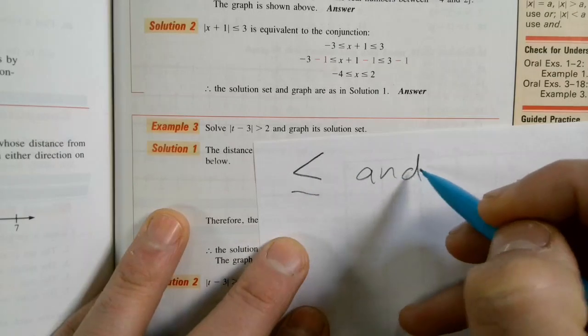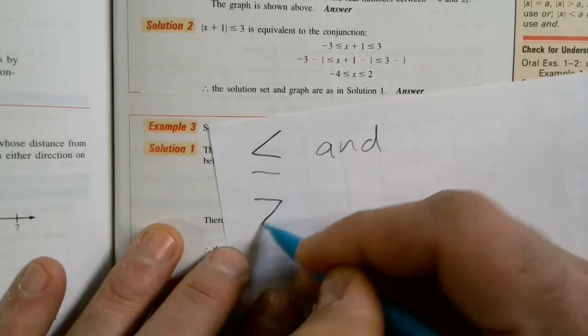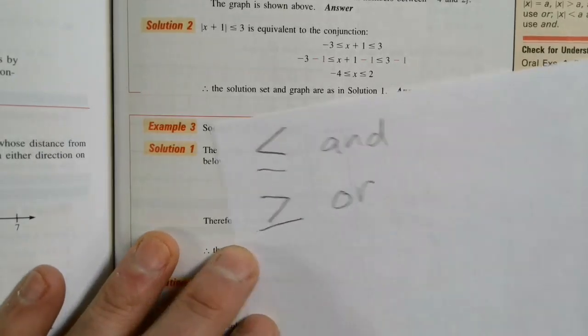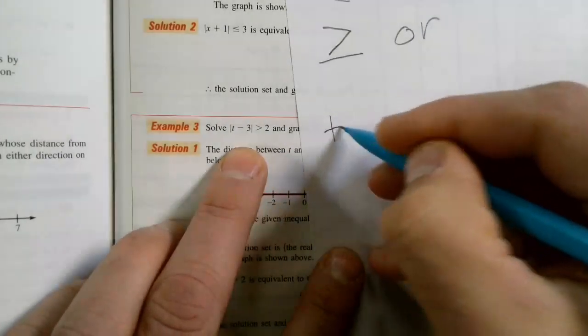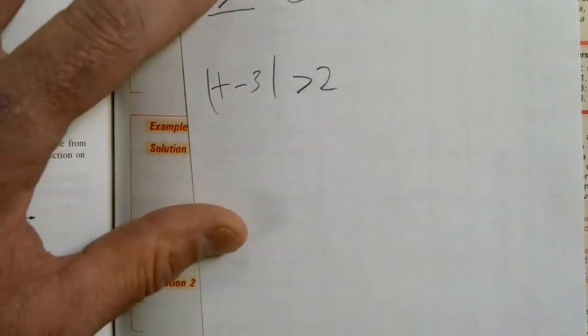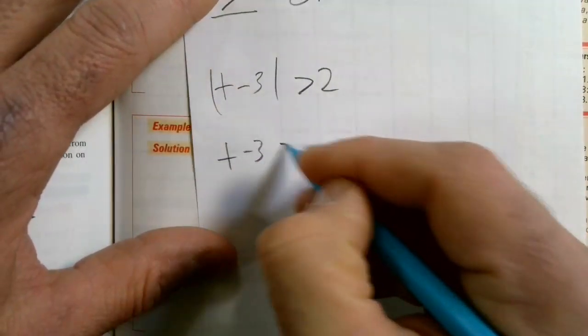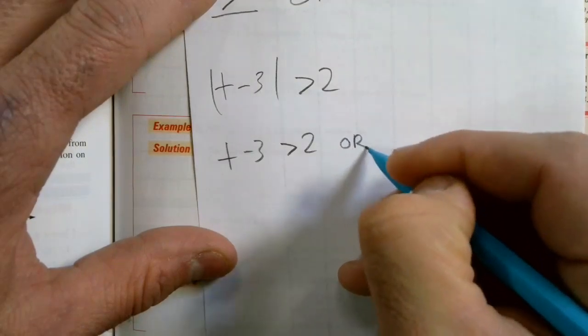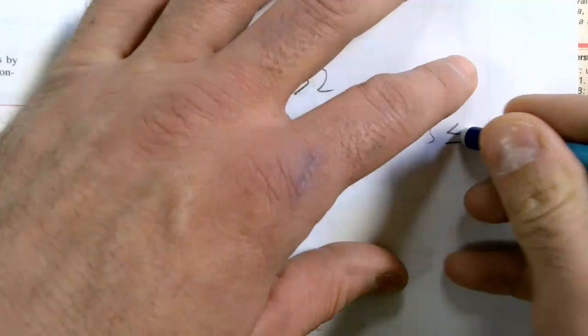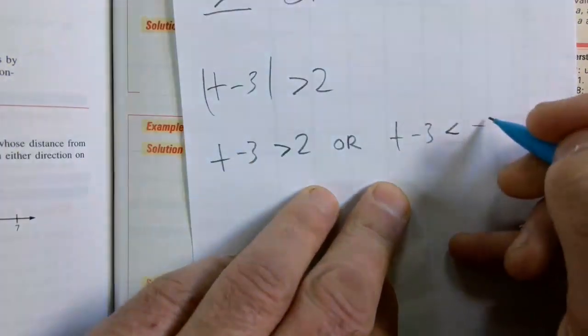Less than, that's how I remember it. And if it's greater than or equal to, then it's an or, greater. So this particular problem is t minus 3 is greater than 2. So we're going to translate it. T minus 3 is greater than 2, or t minus 3 is less than negative 2.